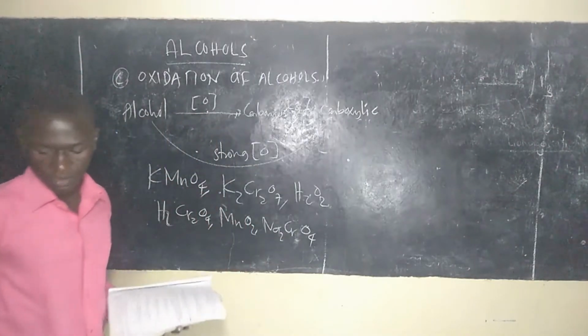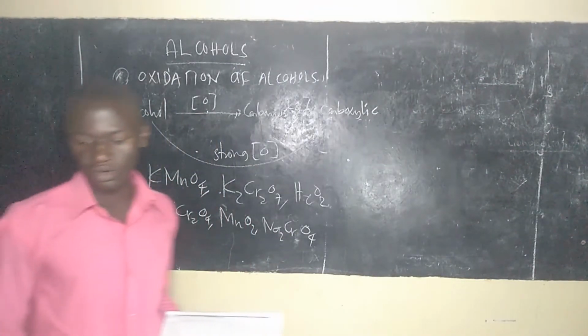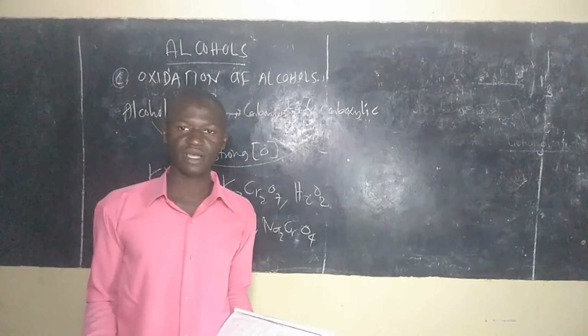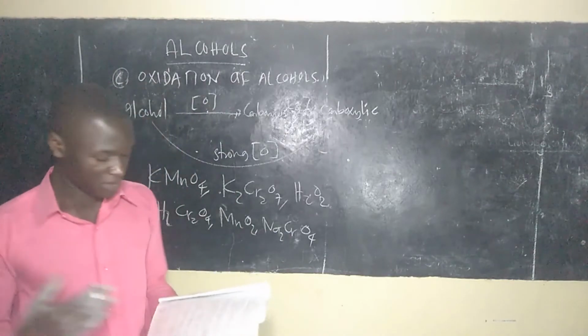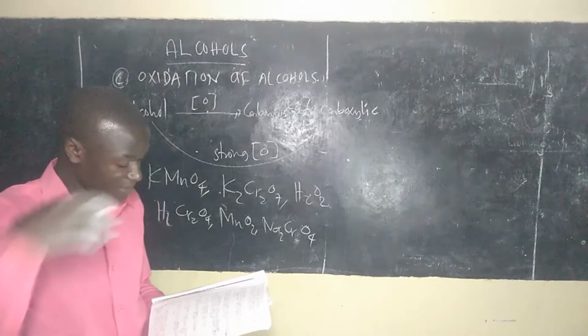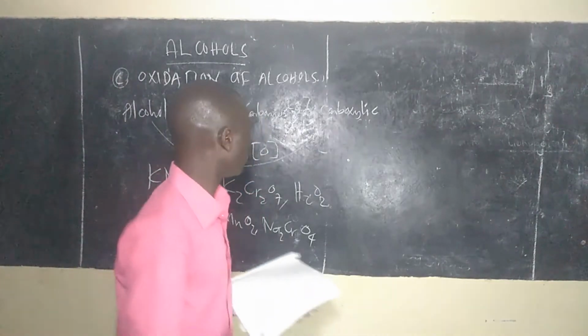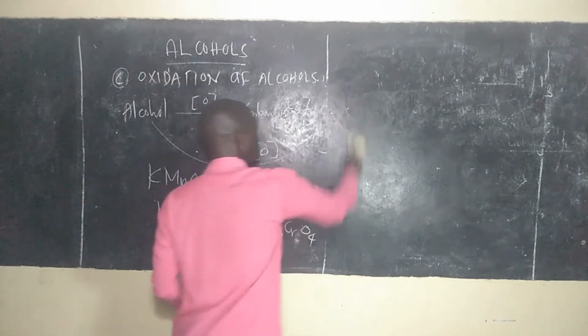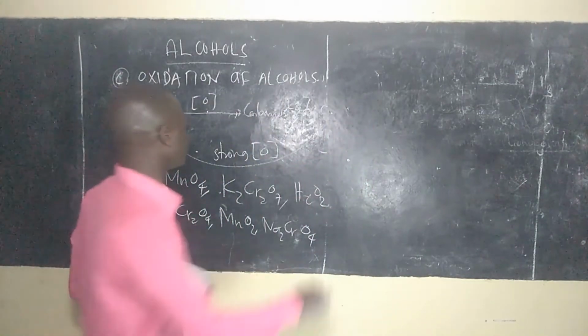Kwa hiyo depending on the oxidizing agent used, whether it's strong or weak, we will be having different products of the reaction. Kwa hiyo kwanza, oxidation of primary alcohols. Primary alcohol.